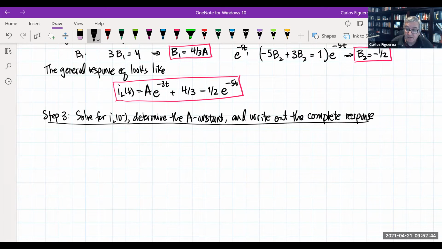So the first thing I've got to do here is go get my circuit. And this is the circuit at t equals 0 minus. Let me go get that circuit because I need that just to make sure that we're all clear on this. What am I seeing here? This is my circuit right here.